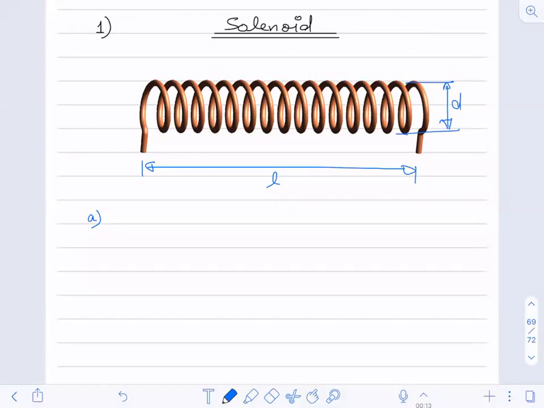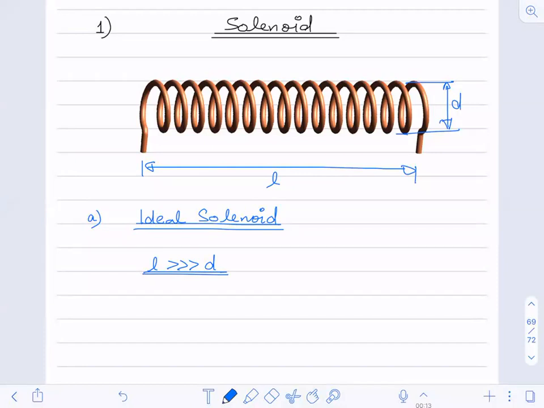Understood? Now, what is the constraint here, or what is the definition of the ideal solenoid? For an ideal solenoid, the length is very, very large. Length L has to be very, very large as compared to D. That is an ideal solenoid.